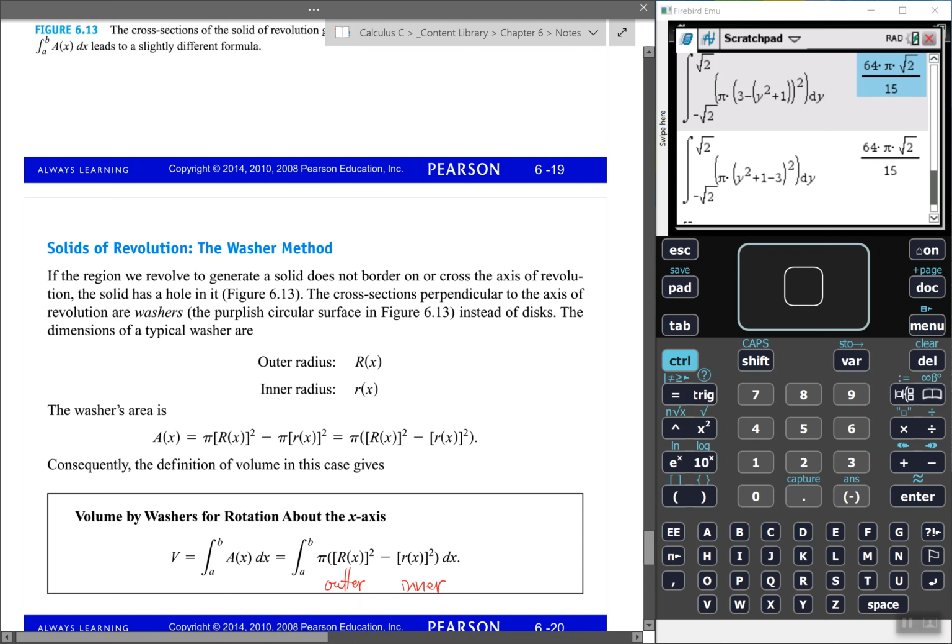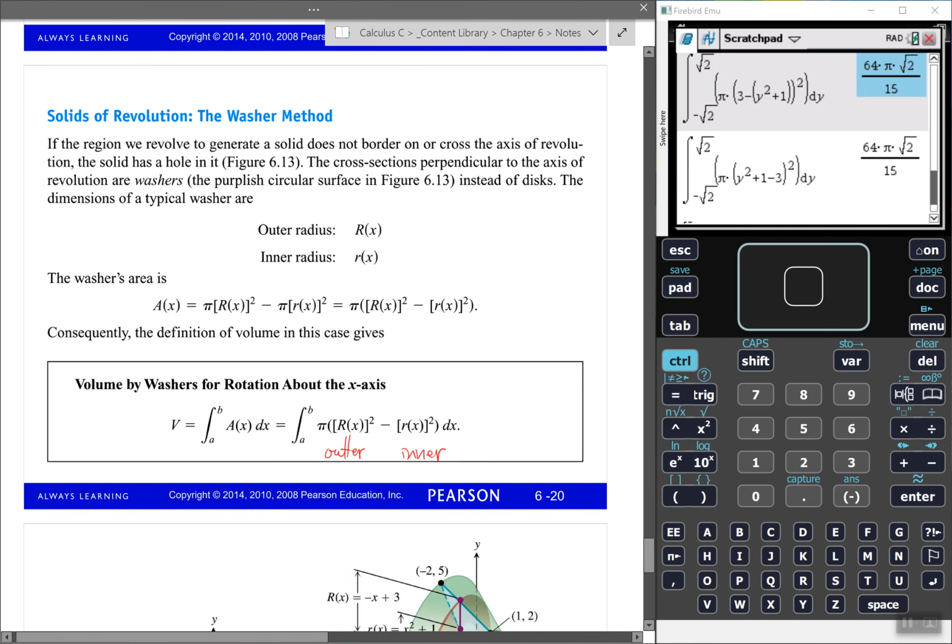So the way that that looks is pi capital R squared minus pi lower r squared, and we can factor pi out of that to get pi times big R squared minus little r squared. And that's how we're going to do this setup. So this would be the time where I would pull the pi outside of the integral. That way it is just the integral from a to b of big R squared minus little r squared.